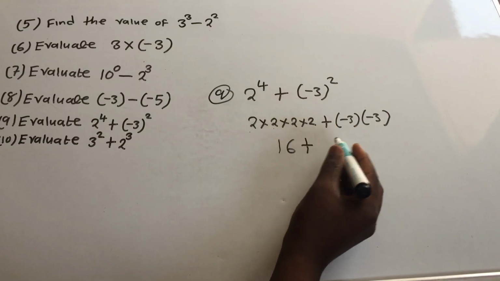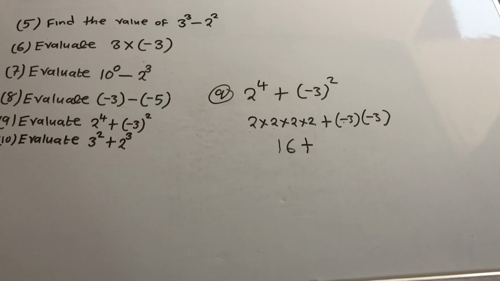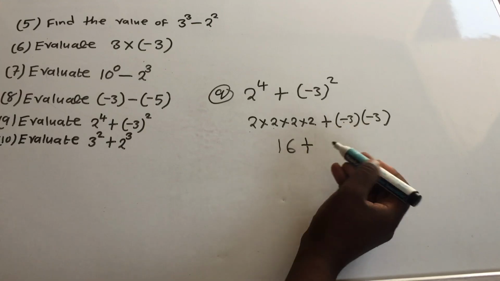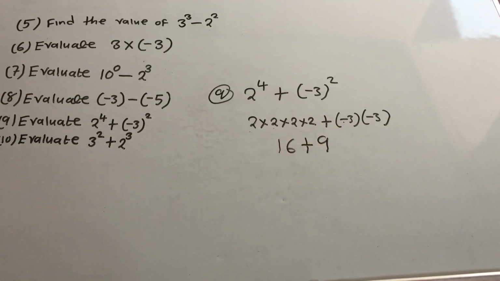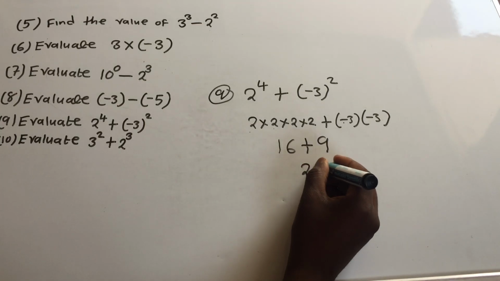Plus negative 3 times negative 3, which is positive 9. So what is 16 plus 9? It's 25.